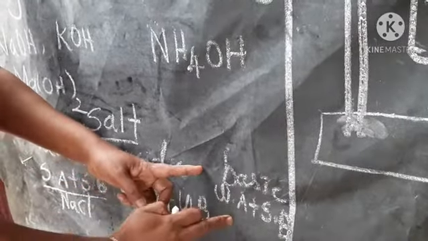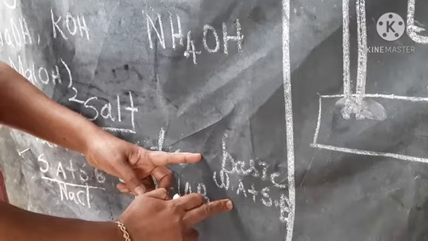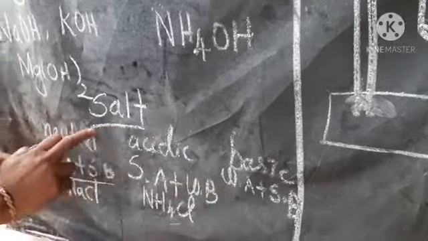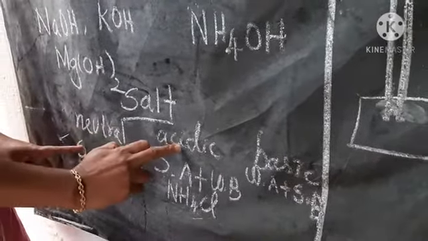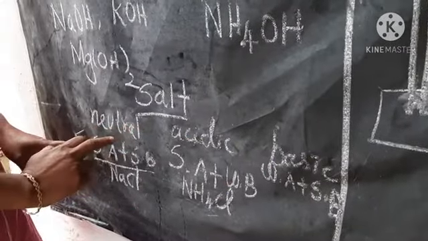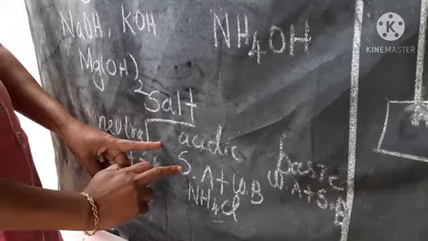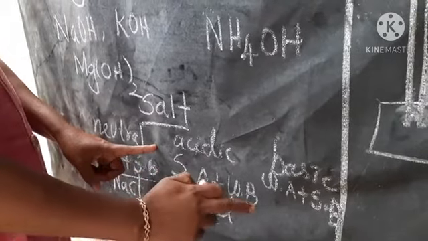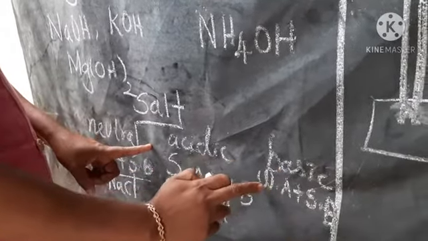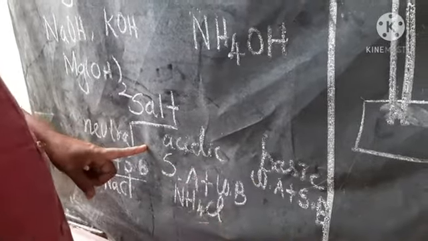Okay, three types of salt: neutral salt, acidic salt, basic salt. Neutral salt is formed from strong acid and strong base. Acidic salt is formed from strong acid plus weak base. Basic salt is formed from weak acid and strong base.